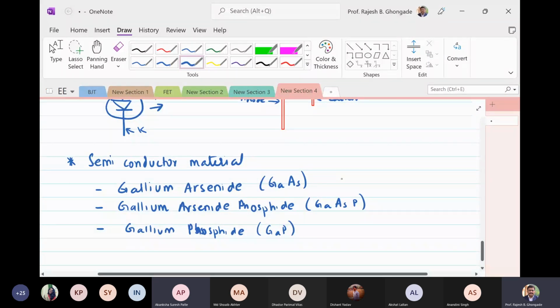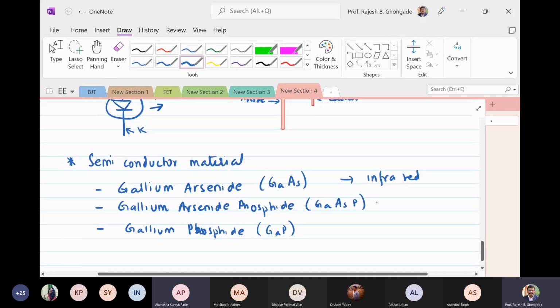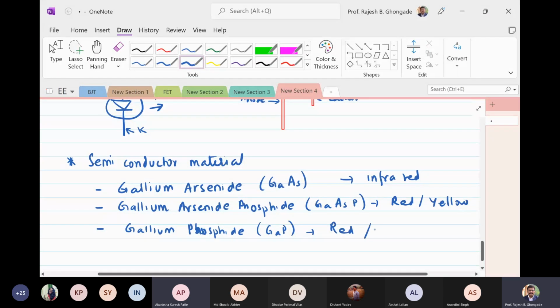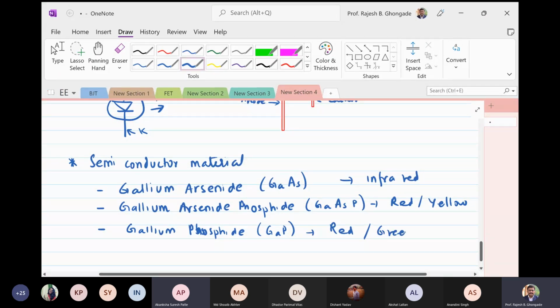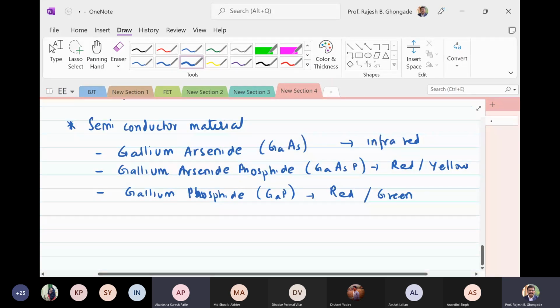So this gives infrared light. This gives red or yellow, depending on the type of doping. And this also gives red or green, depending on the doping. So these are the basic materials used in LEDs.